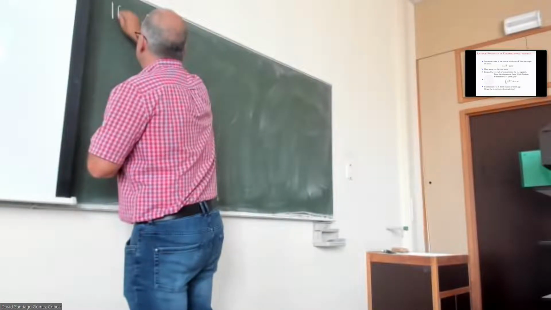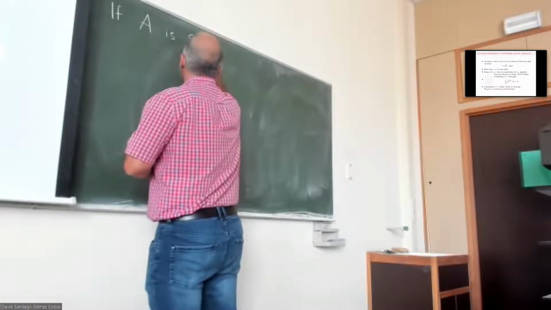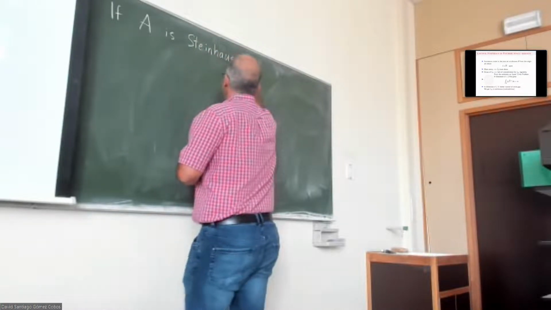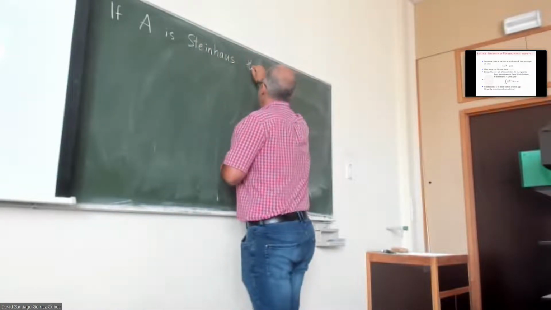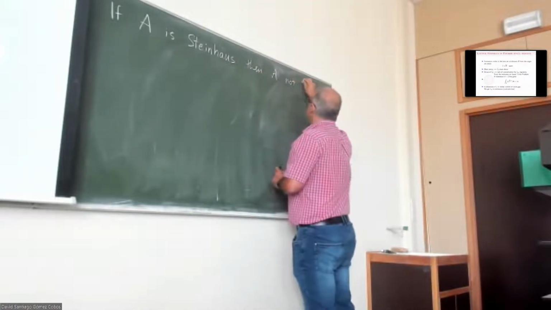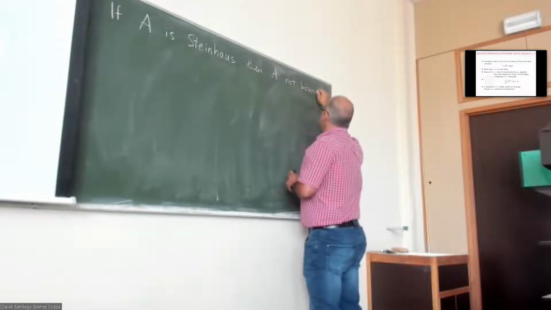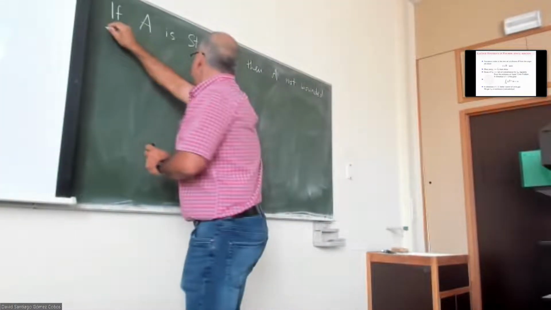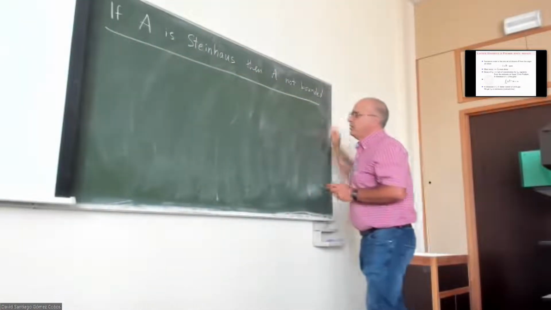So if A is a Steinhaus set, in any dimension actually, but I will do it in the plane, then A cannot be bounded. This is a really simple result, which is worth seeing in detail.